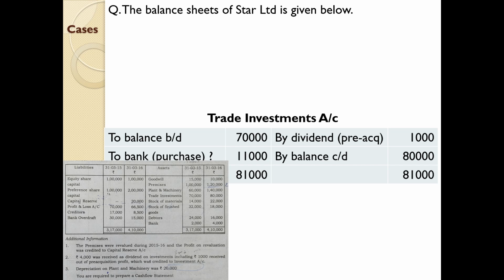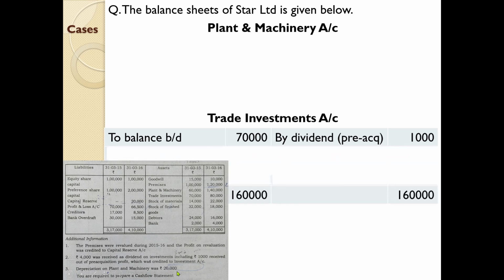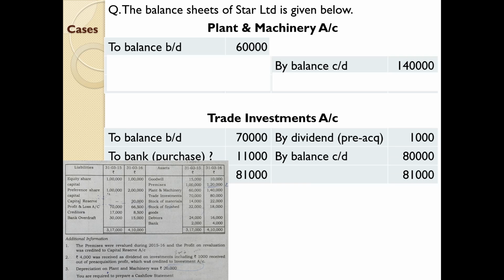Next you have to prepare plant and machinery, because here depreciation of plant and machinery is given. So let us begin with the opening as well as closing balance of machinery. Opening is 60,000, closing is 1,40,000, and in the information it is said that depreciation on plant and machinery was 20,000.